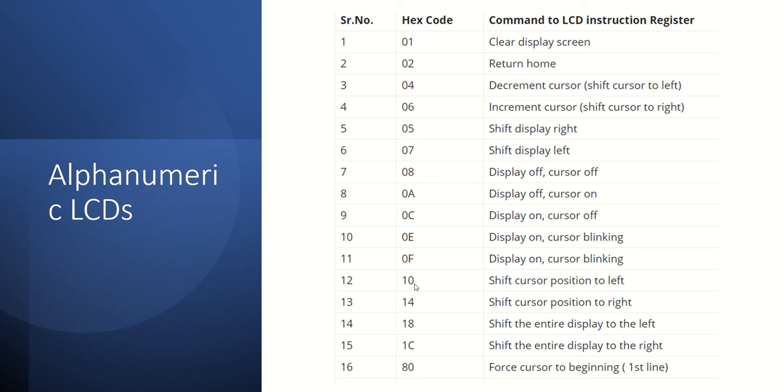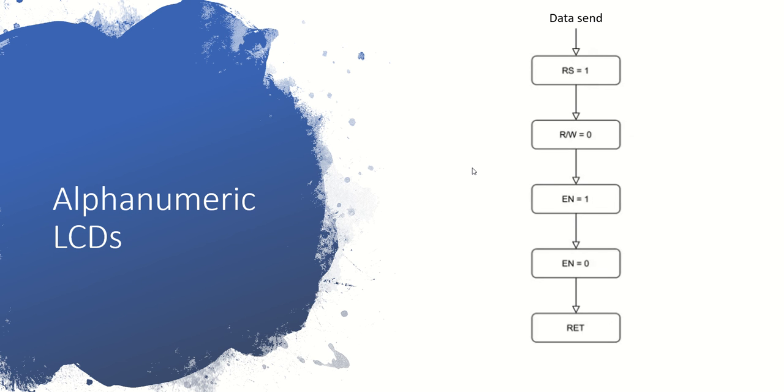Then you have 10, which shifts the cursor position to the left, 14 shifts the cursor position to the right, 18 shifts the entire display to the left, and 1C shifts the entire display to the right. One more command is to force the cursor to the beginning of the first line. So these are the different commands available on the LCD, which you can use. Next will be how you will program it.